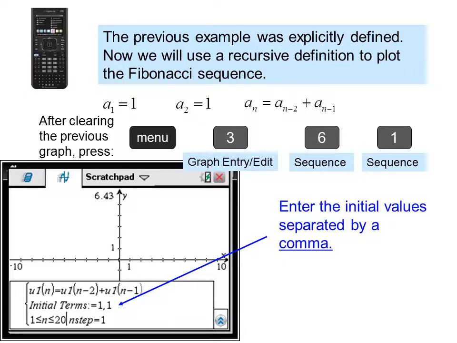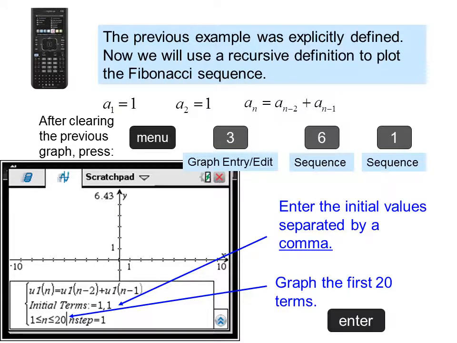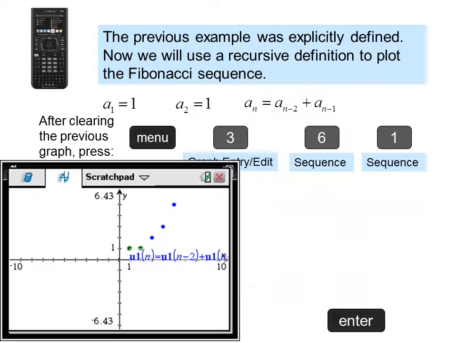Graph the first 20 terms, then press Enter. There are our first terms in the Fibonacci sequence.